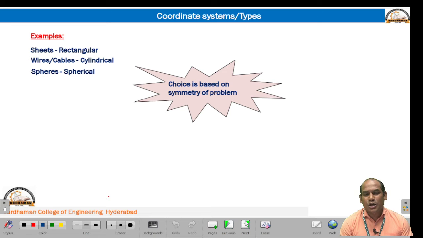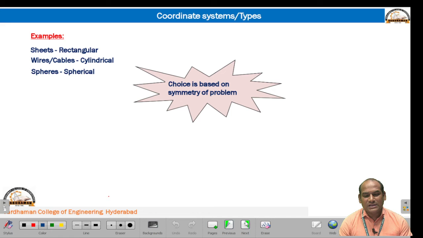Based on that, your coordinate system has to be selected, but the same problem can be done in three ways: by selecting the Cartesian, the cylindrical, or the spherical coordinate system. But the calculation process will become simpler if you select the proper coordinate system based upon the symmetry.